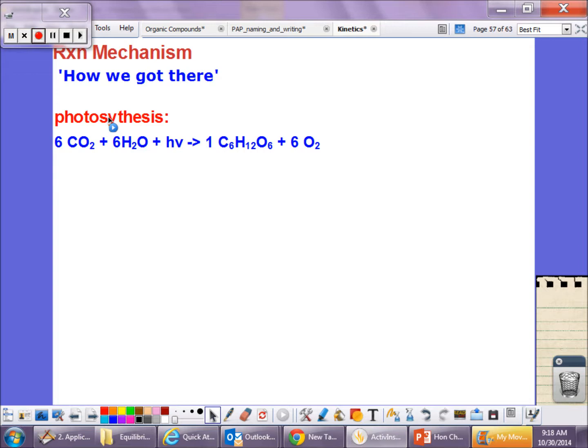But you will never have 6 carbon dioxide molecules colliding at the same time with 6 water molecules to produce glucose. It doesn't happen. You start with 6 carbon dioxide and 6 water, and at the very end, you will have 1 glucose molecule and 6 oxygen.